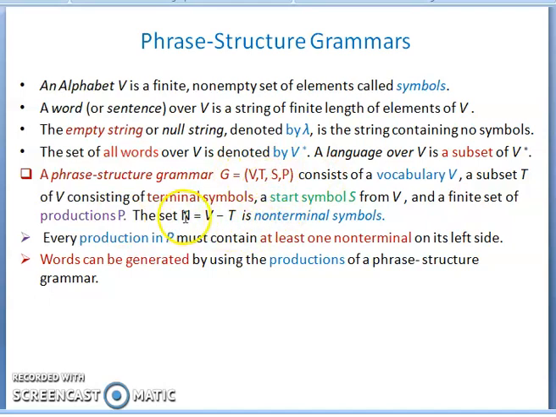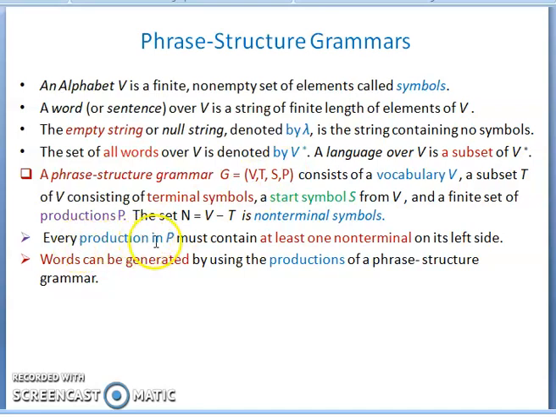And N is equal to the non-terminal symbols, that is the total vocabulary V minus the terminal symbols. Total symbols minus terminal symbols is nothing but the non-terminal symbols. N represents the non-terminal symbols, V the vocabulary, T the terminal symbols, S the starting symbol, and P the set of productions. Use these productions to construct the language.